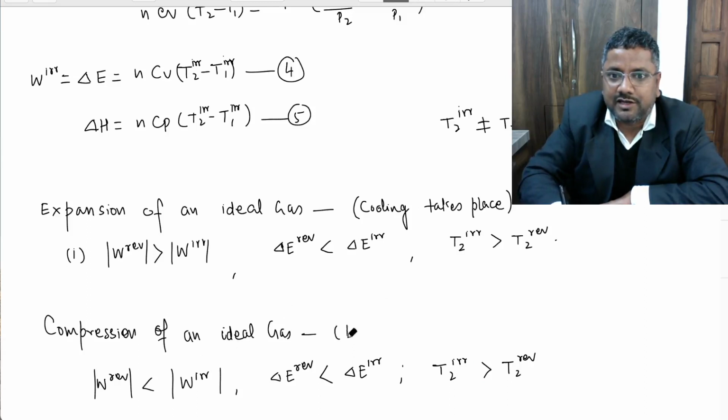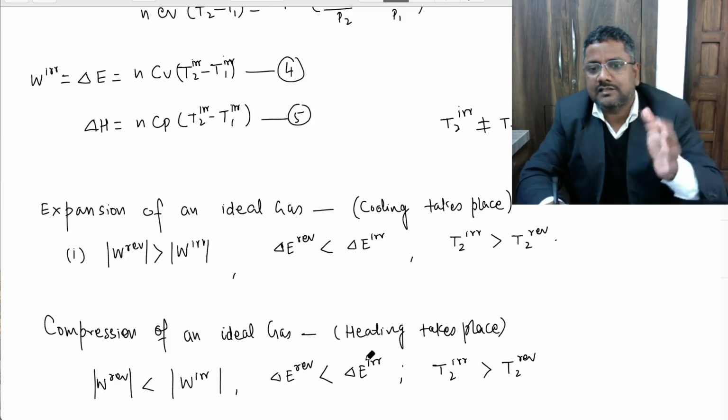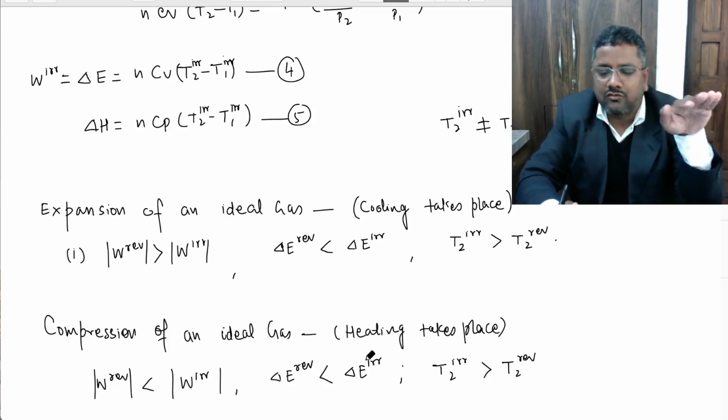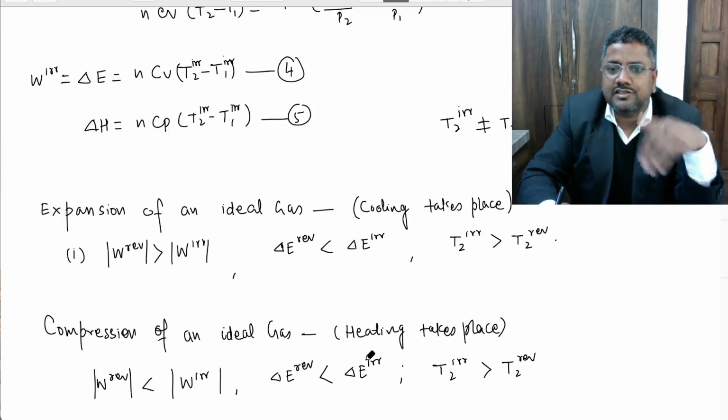So here heating takes place, right? So in the case of irreversible process, more work has to be done on the system, more heating will take place, means internal energy change is more.